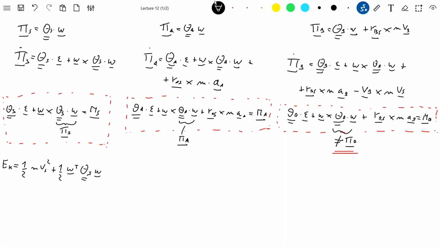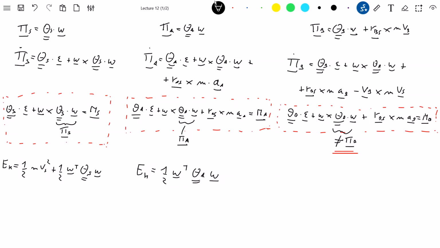In the case of a point with zero velocity, this is simpler than with respect to the center of mass, because it's just 1 over 2 times omega transpose times theta a times omega.